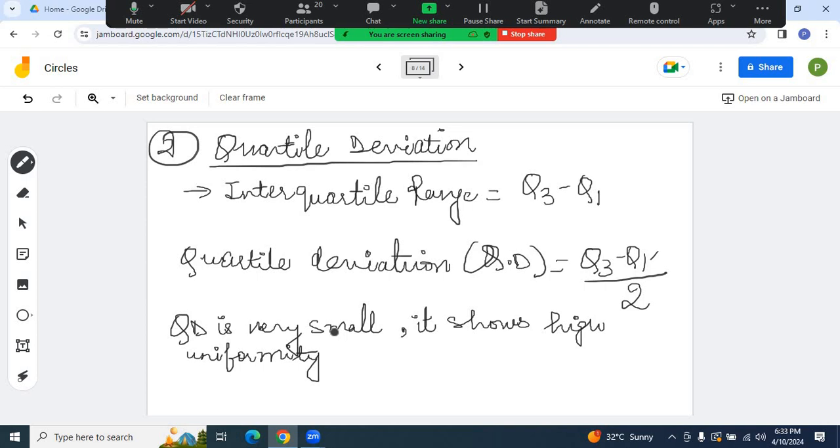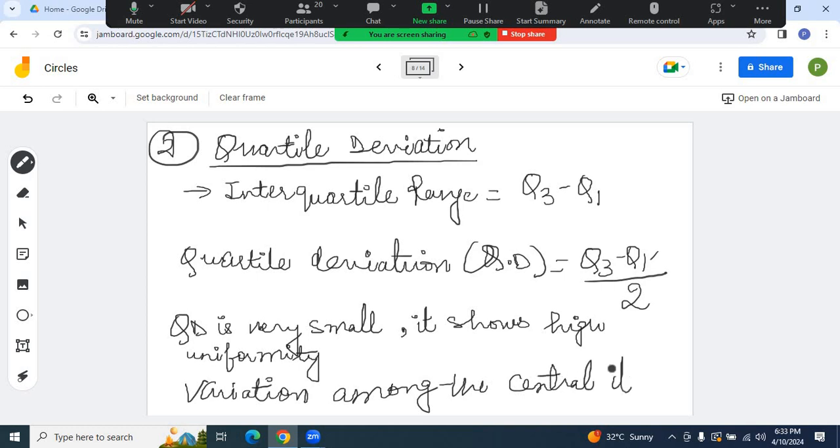So quartile deviation means the variation among central values. All these methods of dispersion take the variation from central items. How much is the variation from the central item? The central item can be mean or median.